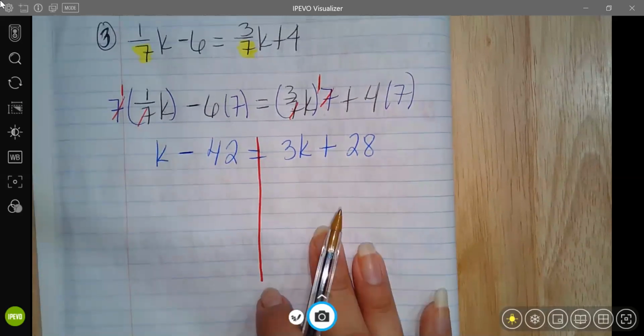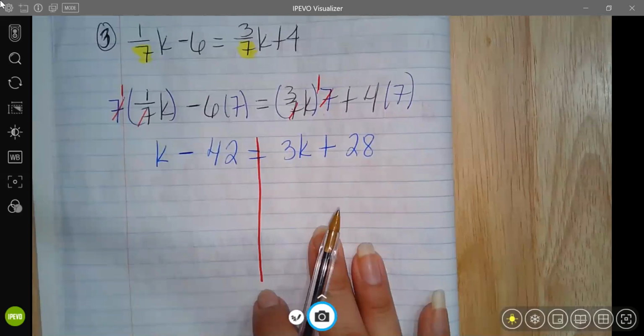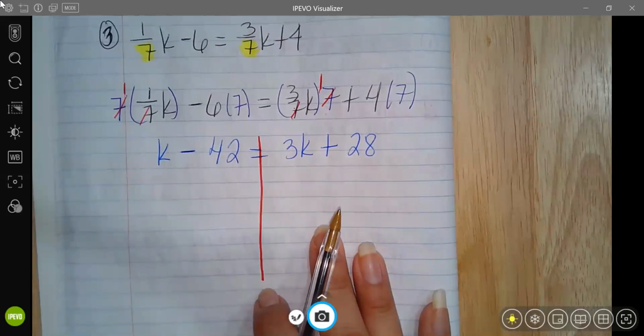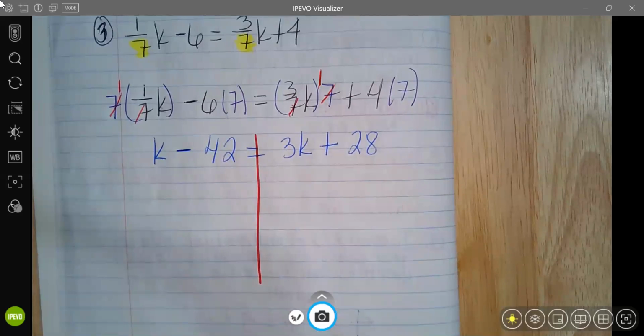Well, I kind of don't want negatives, but as long as I move things correctly, regardless if it's the constant first or the one with the variable, we should end up with the same answer. So I'm actually going to do this one.